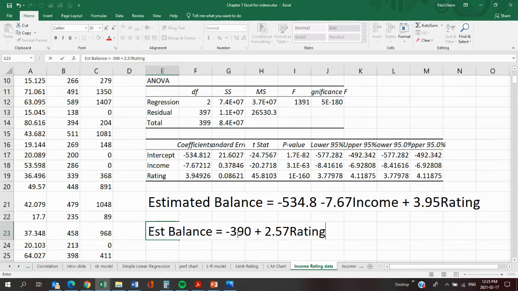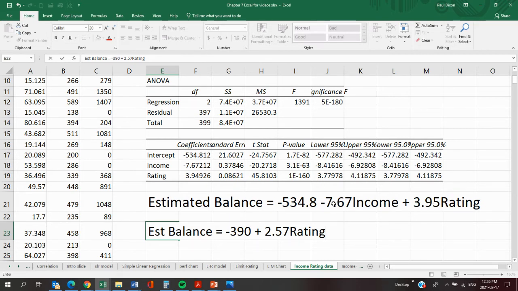It's driven down from minus 390 to minus 534. If you recall, the intercept is what would be the balance if your income was 0 and your rating was 0. Those people don't have credit cards. They don't make sense. My slope for rating was before 2.57. Now it's up to 3.95. So it's taken a big jump. Things have shifted around a lot.